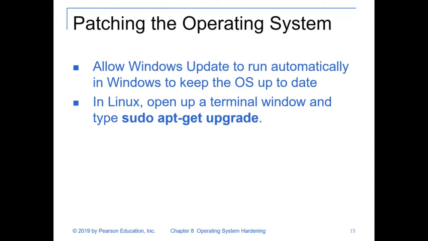You can keep your operating system patched and up to date. In Windows, you can allow Windows Update to run automatically. In Linux, you can open a terminal window and type sudo apt-get upgrade. One thing I really stress on this is that you do not upgrade your system without testing it first.